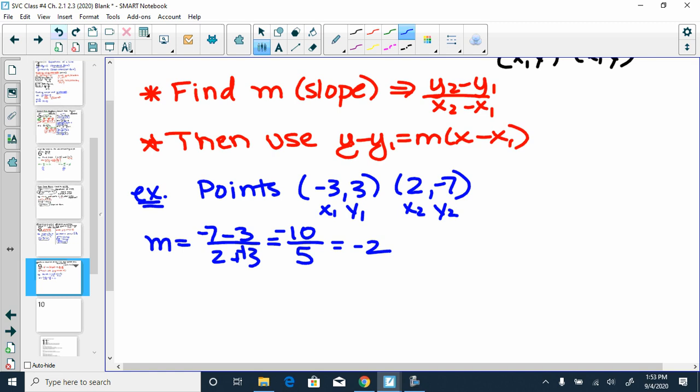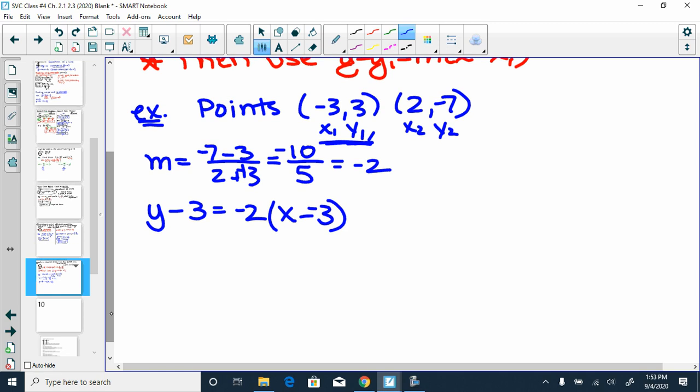So now that I found the slope and now that I have my m, I can go ahead and use point slope. So y minus y1, which is 3, right here, the y1. And negative 2 is the m. X minus the x1, which is negative 3. Plus plus. Don't forget to distribute first. So negative times positive now will be negative 6.